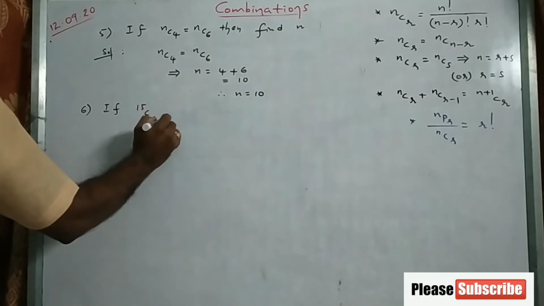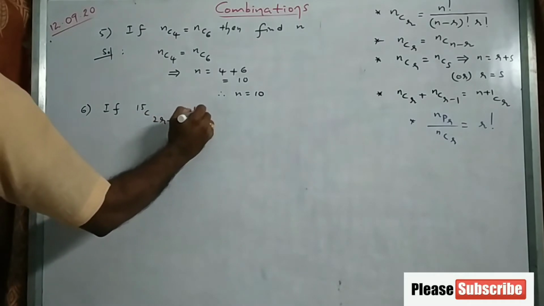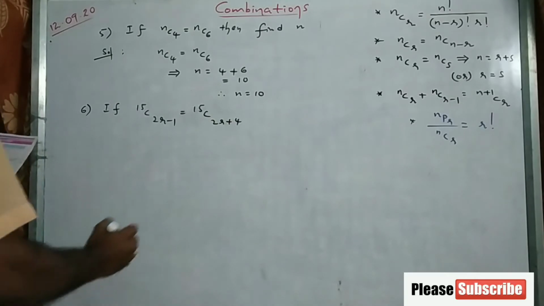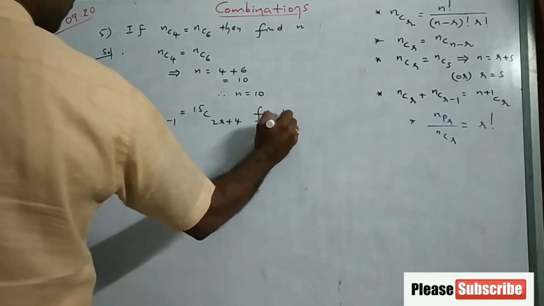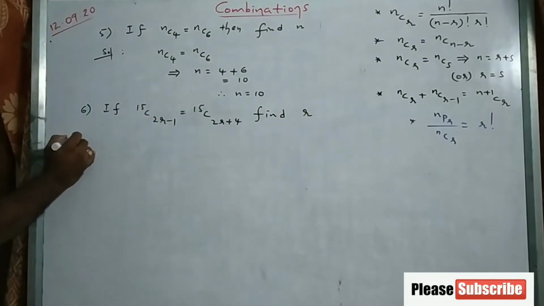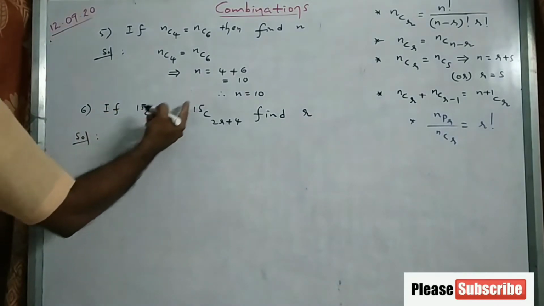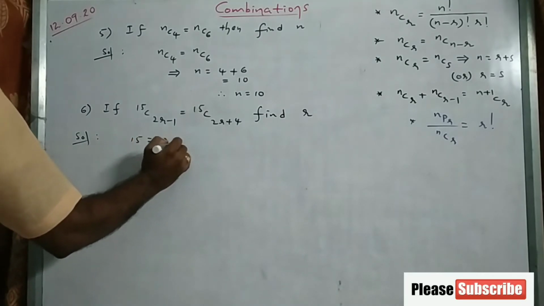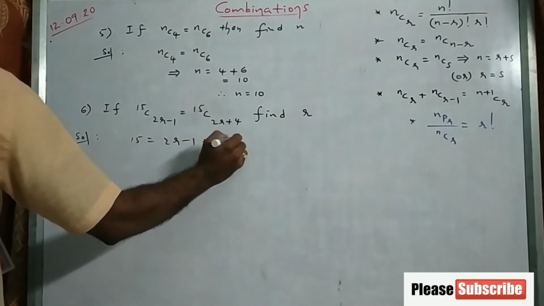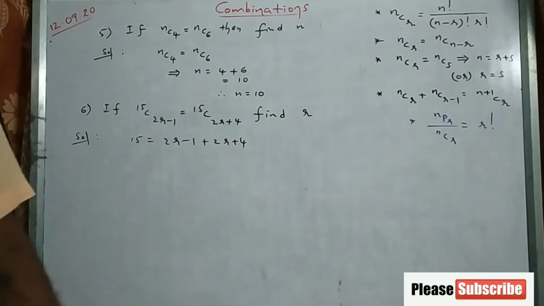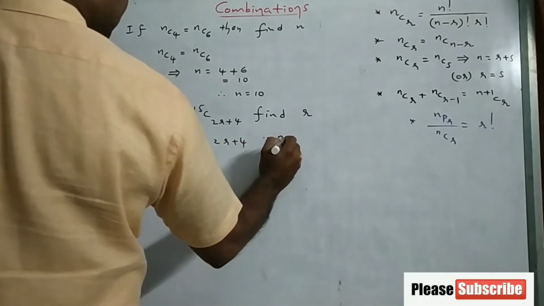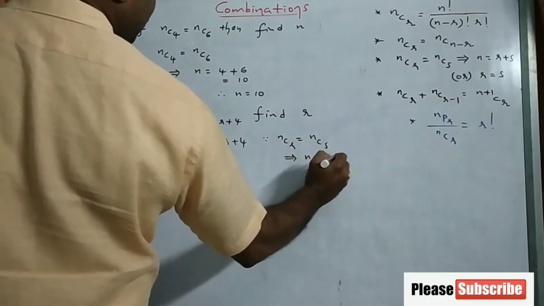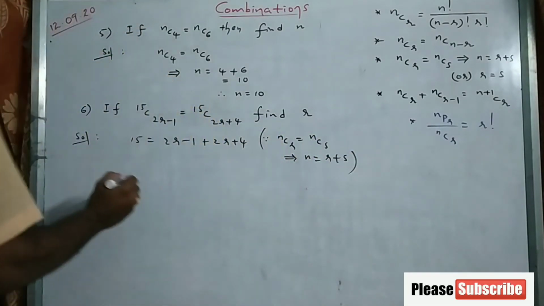Sixth one, if 15C(2R minus 1) equals 15C(2R plus 4), then find R. By using the same formula, if NCR equals NCS, then N equals R plus S. This is the formula we use.